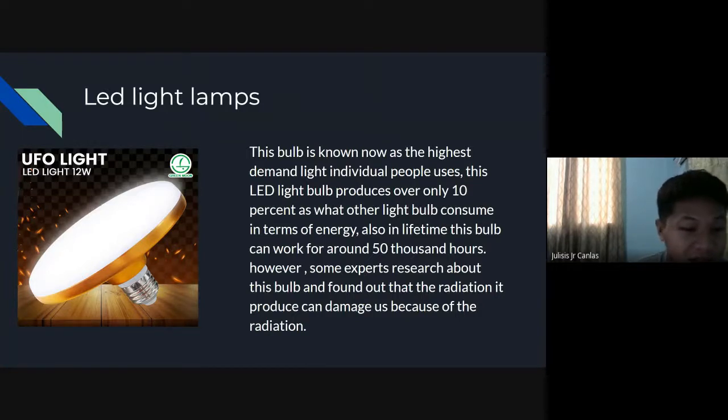And there are different types of LED. This is just one example that we individuals usually use now.